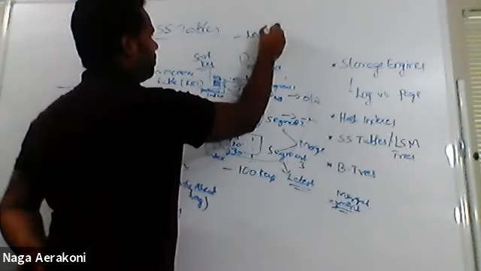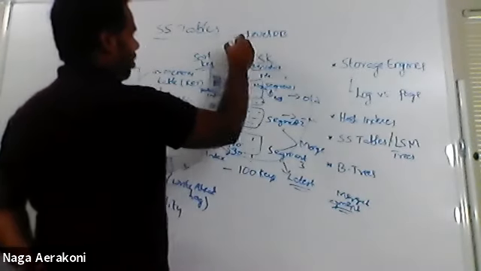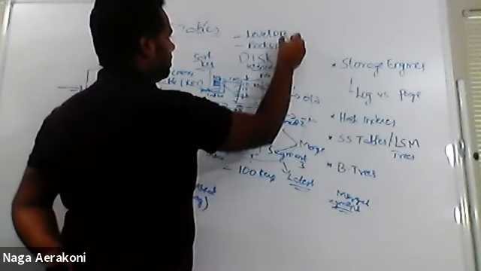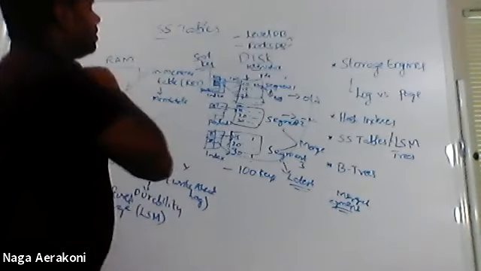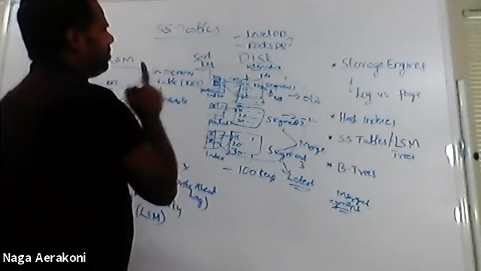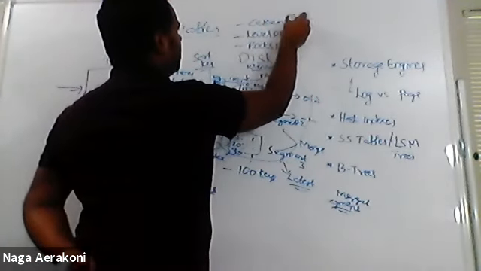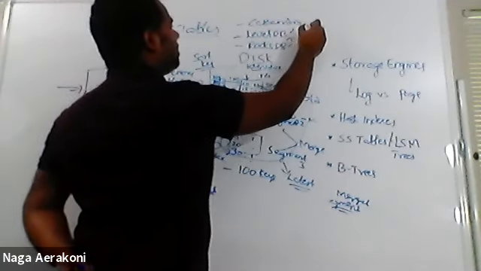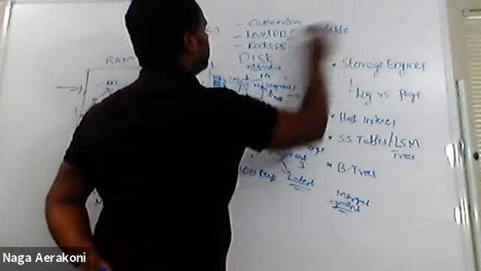LevelDB is one storage engine which uses this, and RocksDB is an extension of this. It extends from this, and it does something more. I think these two are the main ones, and Cassandra also uses this storage engine. I think Bigtable also uses this LSM concept.